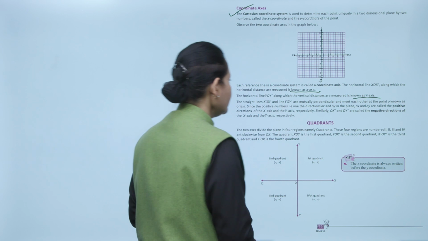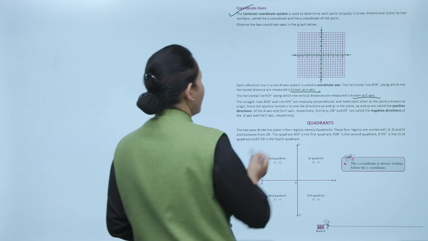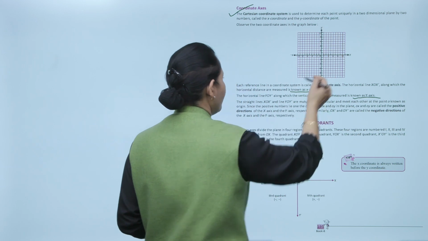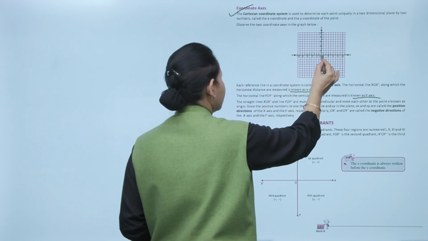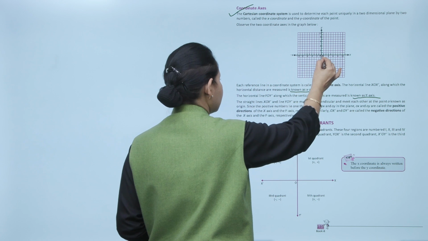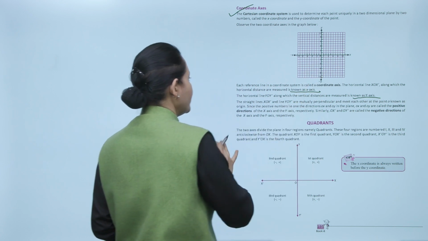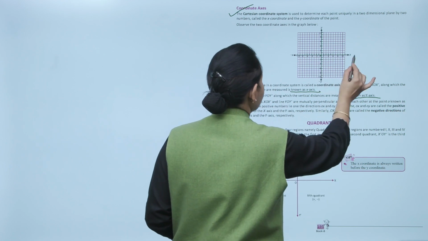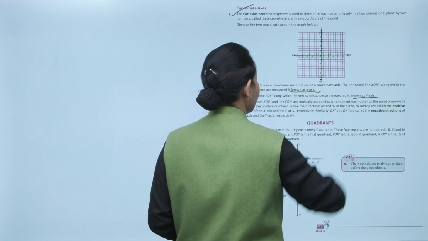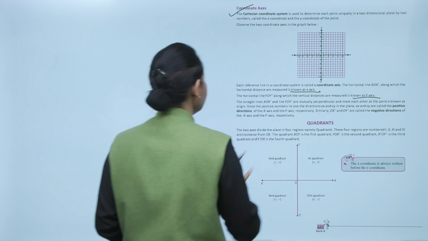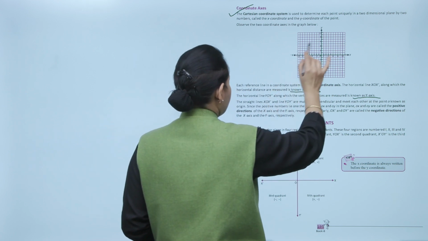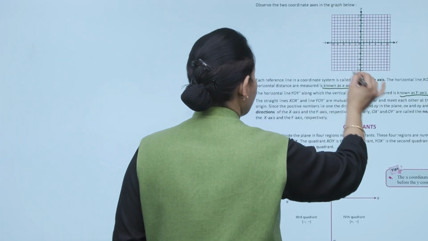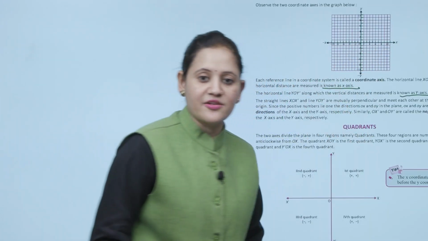So this line is X'OX and this is Y'OY. These are perpendicular lines and where they intersect is known as the point of origin. OX and OY represent the positive direction. Next, the lines OX' and OY' represent the negative direction.